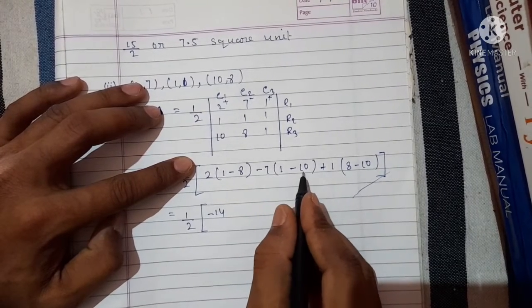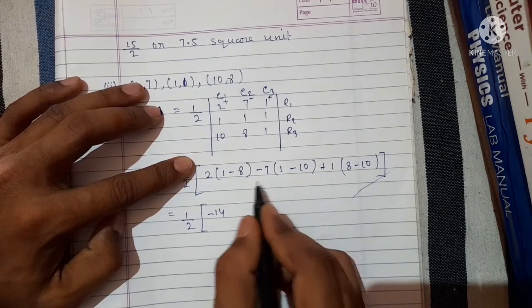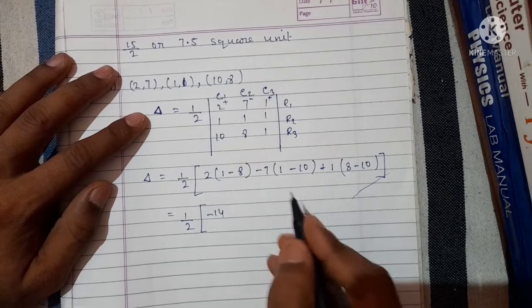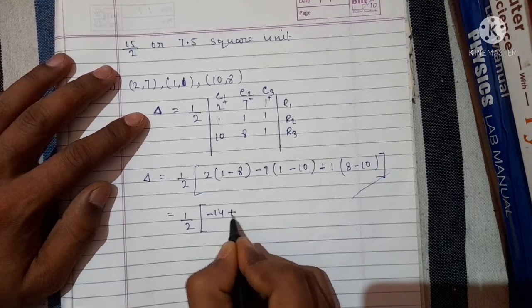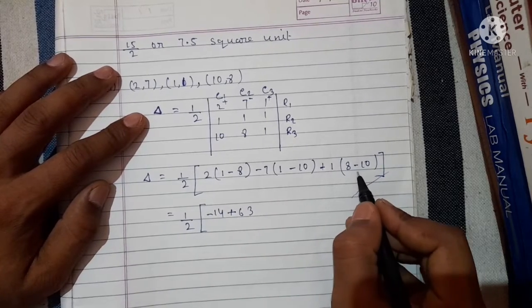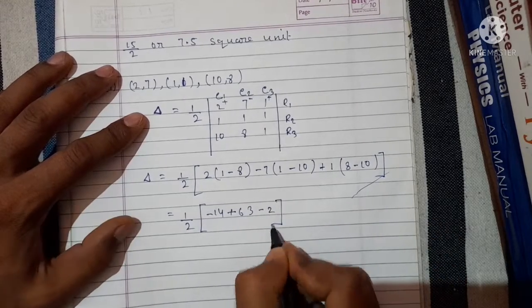Then 1 minus 10 equals minus 9, and minus 9 into minus 7 equals plus 63. Then plus 8 minus 10 equals minus 2, 1 into minus 2 equals minus 2, right?